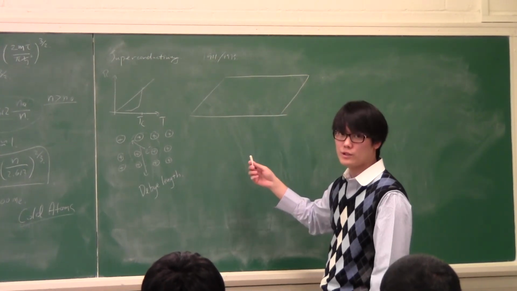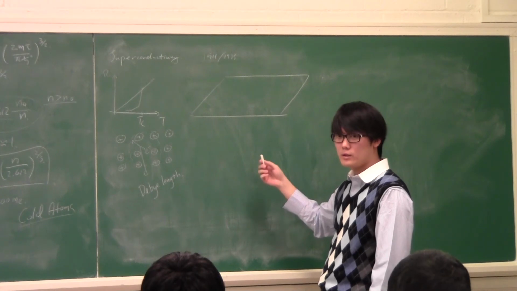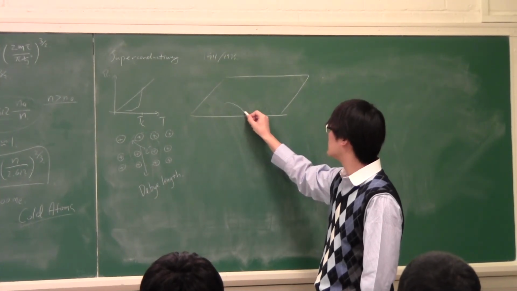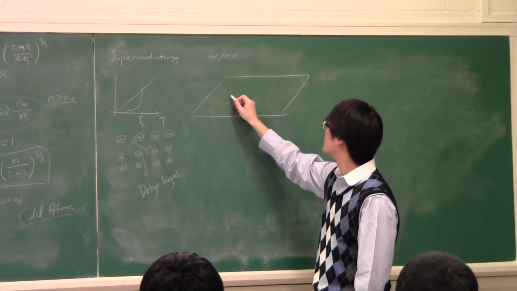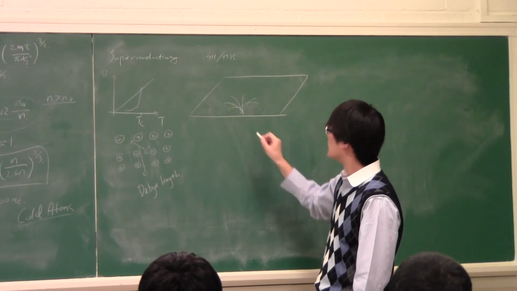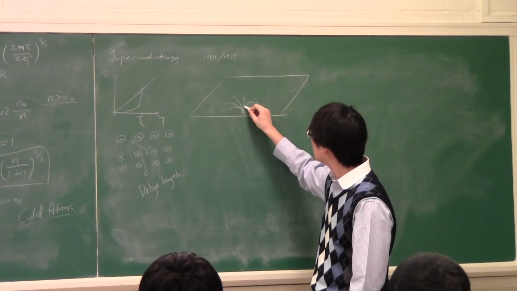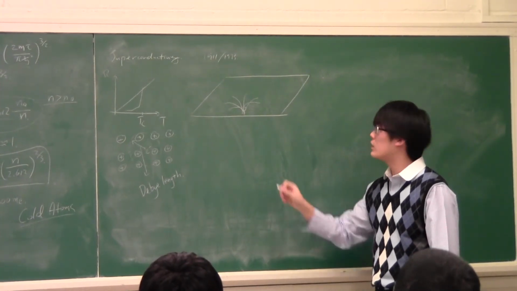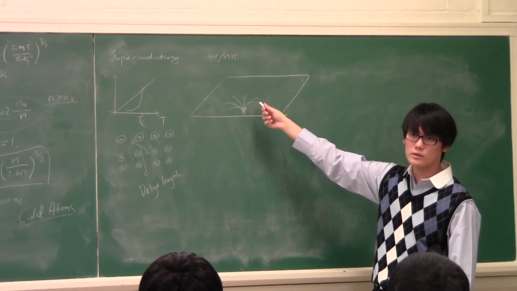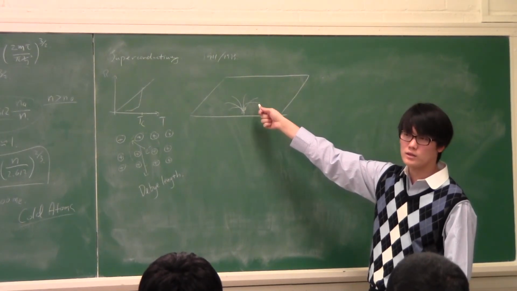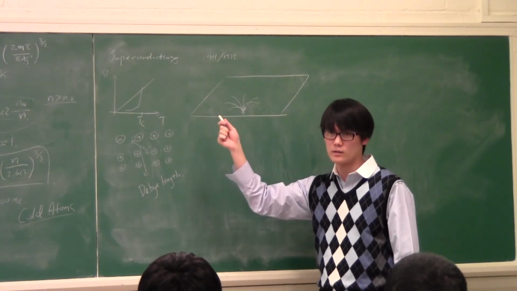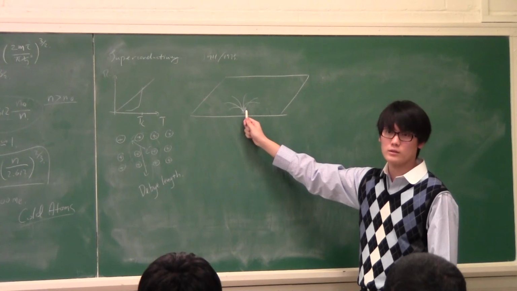What's going to happen to the sheet? If the particle is slowly moving, it's going to displace the sheet, like this. The particle is here, it displaces the sheet. What are these wrinkles? These wrinkles are the displacement of the lattice, or the elastic sheet. And these wrinkles are long range.